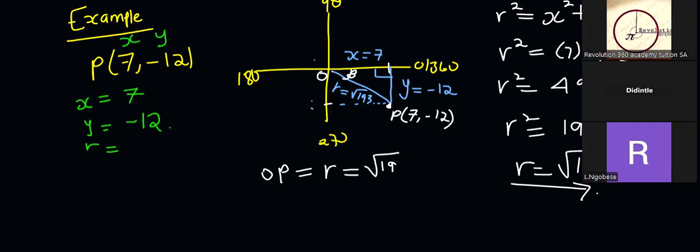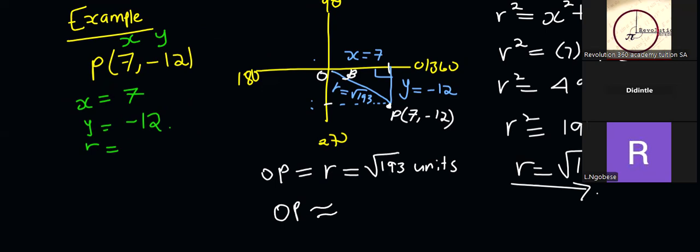But we are not yet done. Since the first question asks for the length of OP, you say OP is approximately the square root of 193, because you want the length. That's 13,89 units.